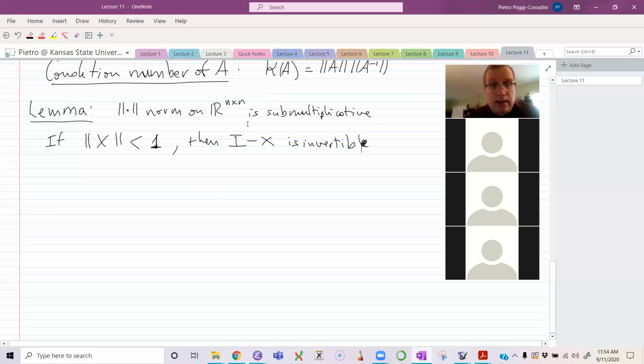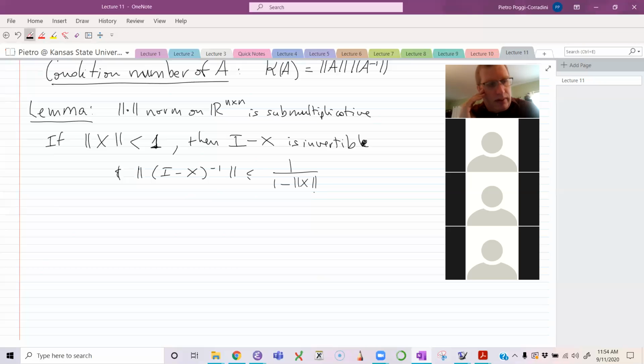Right, so the identity is obviously an invertible matrix. If you perturb it by something small in the norm, you stay invertible, and the norm of the inverse is less than 1 over 1 minus the norm of X. And so I'm going to refer to this as the von Neumann result.